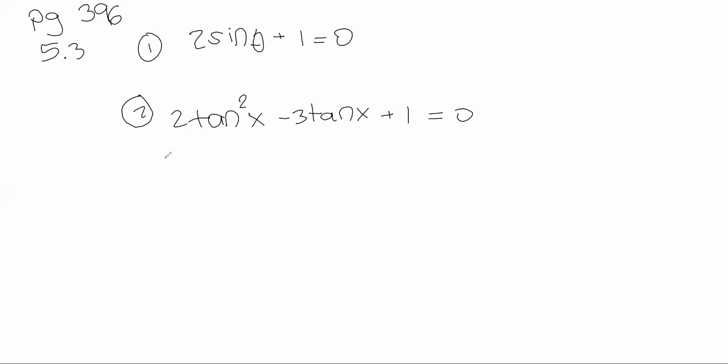So this looks kind of familiar. It looks familiar to something we were doing before getting into the trigonometry section. What does this kind of remind you of? A quadratic. Exactly. So this is a trig equation of the quadratic type.